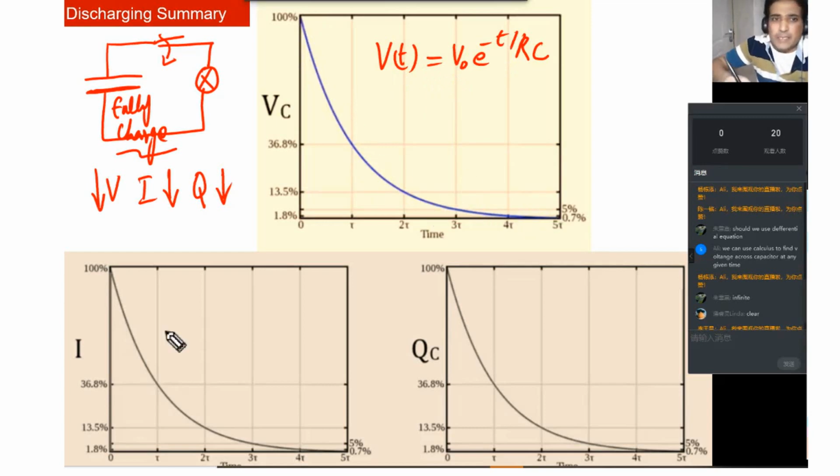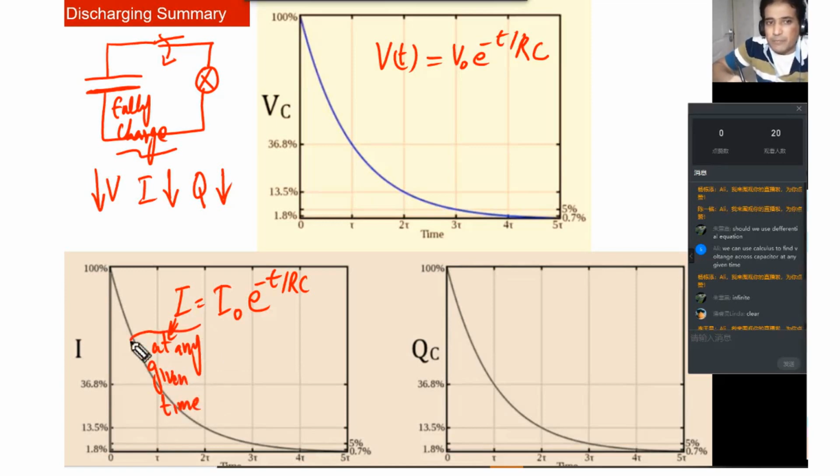And also if I ask you what is the formula for I, it also has to be the same, I naught, meaning I maximum, e to the power of minus t over RC, and this RC is the time constant. So this is I at any given time. If you want to find the value of I in the circuit at any specific time, you can find it with this one, and this one is the I maximum.